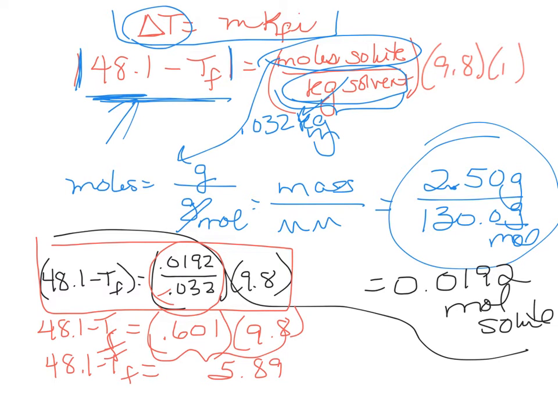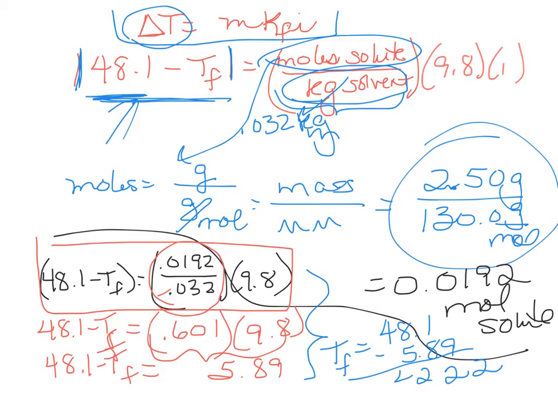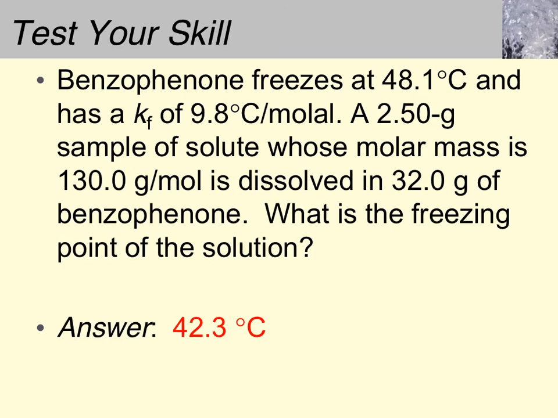So rearranging that, our final answer then becomes, the final boiling point would be 48.1 minus 5.89, 42.2 degrees. And this is close enough. All right, so that gets kind of tedious.